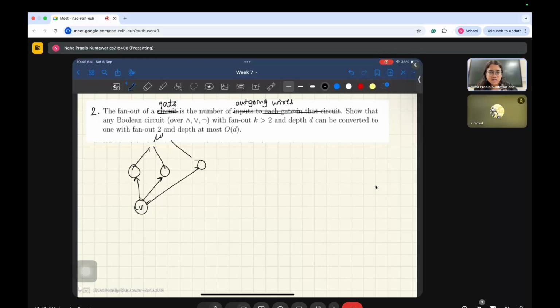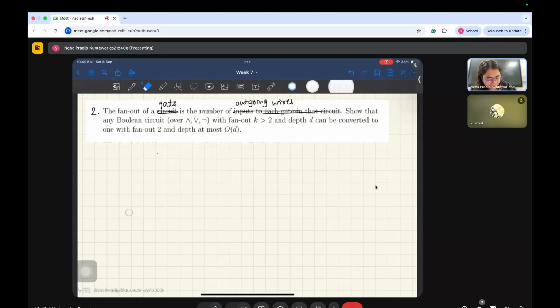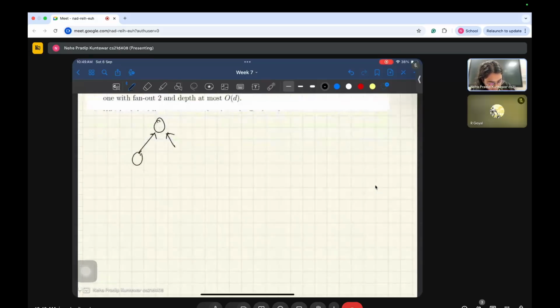Okay, so let's look at this particular circuit. Let me draw one circuit.